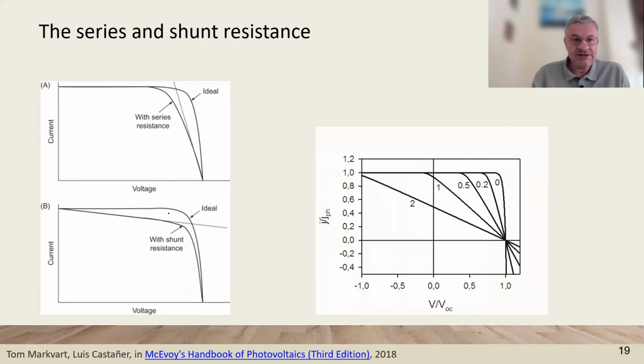Series and shunt resistance decrease the solar cell efficiency by affecting the fill factor only, not the short circuit or VOC value. But if the series resistance is very large, then in the end you also affect the photocurrent.